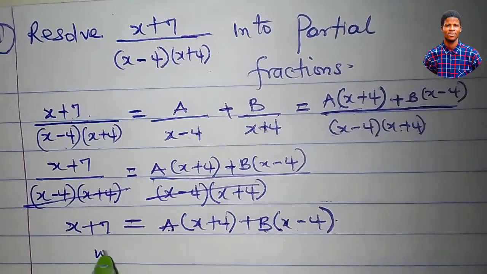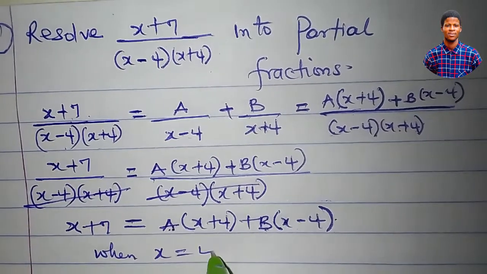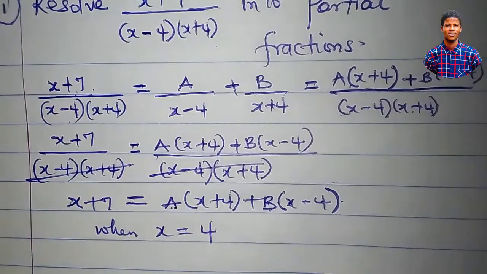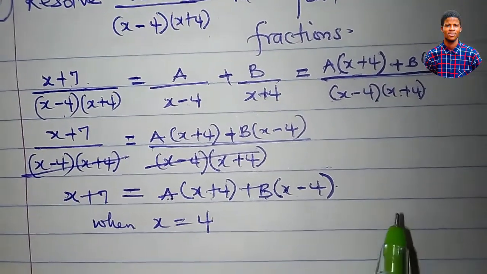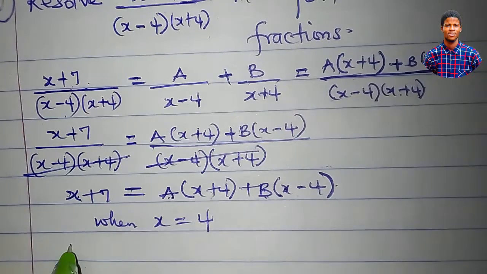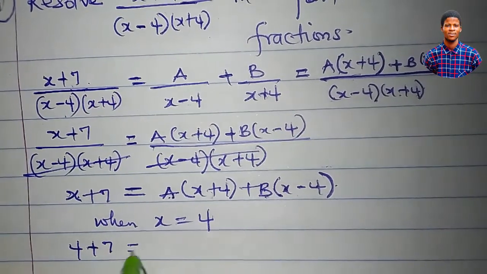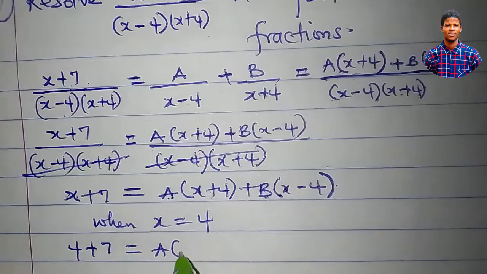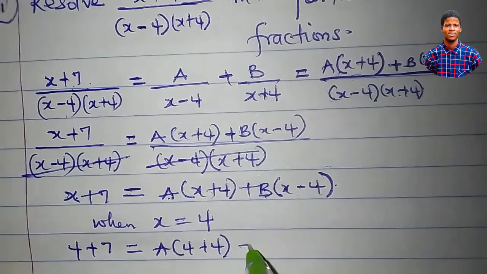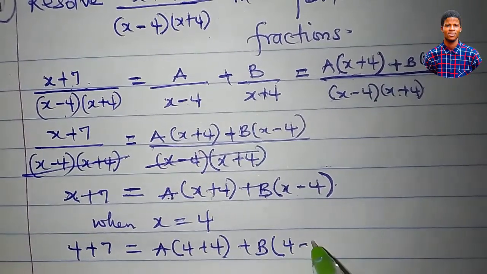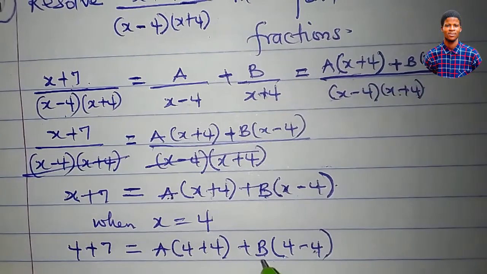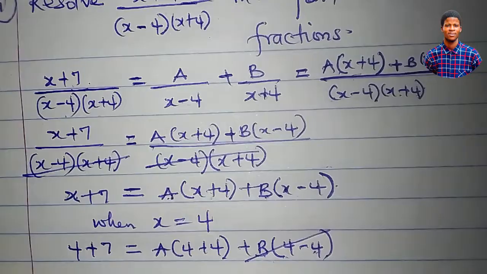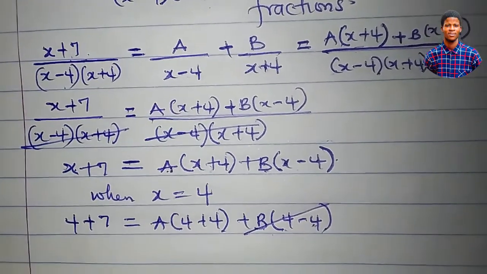So when x is equal to 4, I plug in 4 for x all through the equation. This is 4 + 7 = A(4 + 4) + B(4 - 4). 4 - 4 is 0, B times 0 is 0. Everything here is out. So you can see now that I have just A left.